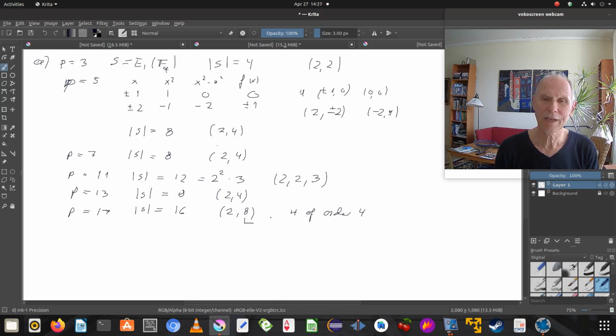We take this guy. Let's say the generator is A, then A to the second, A to the fourth, A to the sixth, this guy has order 2, so it can be multiplied with the generator in here to get the 4 of order 2, and then these 2 have order 4.